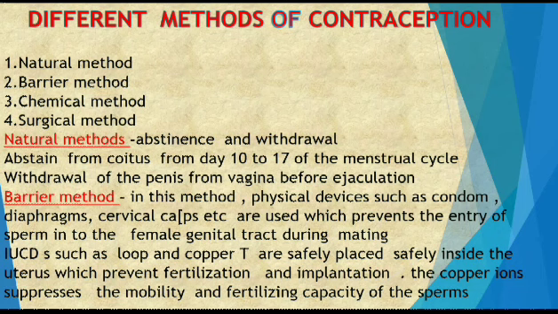There are various methods: physical devices like condoms, diaphragms, or vesicles. Copper T is also used by females. This helps prevent unwanted pregnancy, but condoms also protect the body from various diseases, but not the Copper T. This question will come in the examination also.